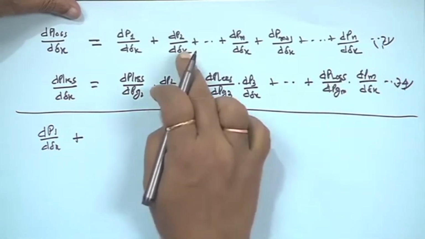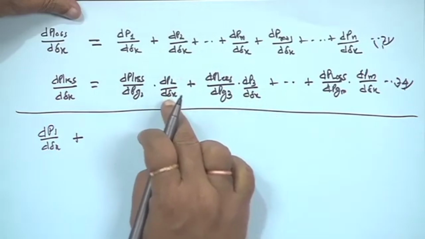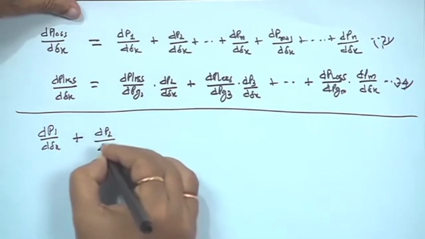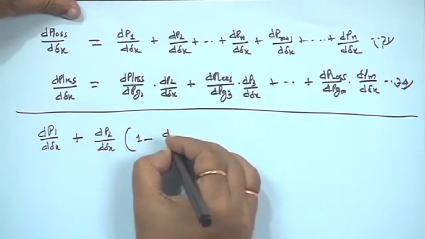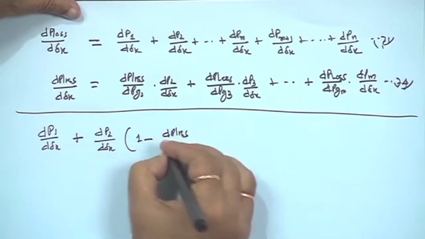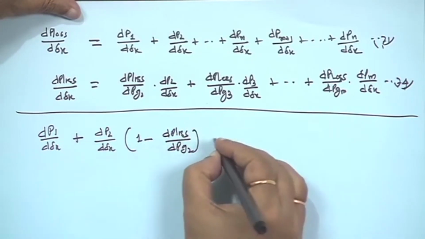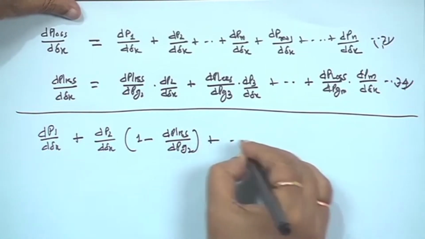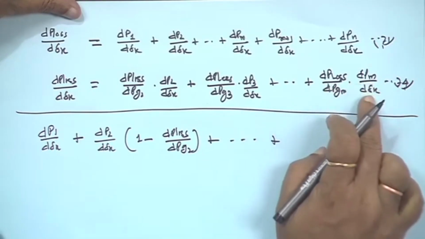If you do so, then this term will come: you take ∂P2/∂ΔK common, then it will be ∂P2/∂ΔK, in bracket it will be 1 minus ∂P loss by ∂Pg2, right. Similarly for the next terms, it will come up to ∂Pm, because it is up to m.